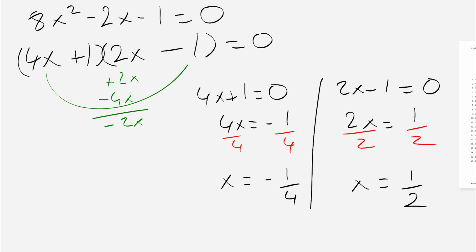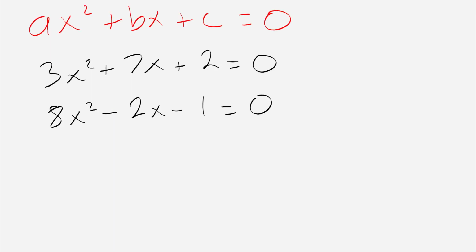So solving quadratic equations so far has been fairly straightforward, as long as you are happy with factorizing the quadratic trinomial. Let's look at this in a bit more detail. Our typical quadratic equation takes the format ax squared plus bx plus c equals 0.